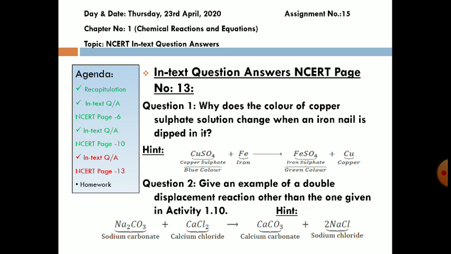The chemical equation goes like this: Na2CO3, sodium carbonate, when reacts with CaCl2, calcium chloride, it gives CaCO3, calcium carbonate, and 2NaCl, sodium chloride. In this reaction, sodium carbonate and calcium chloride exchange ions to form 2 new compounds. Hence, it is a double displacement reaction.